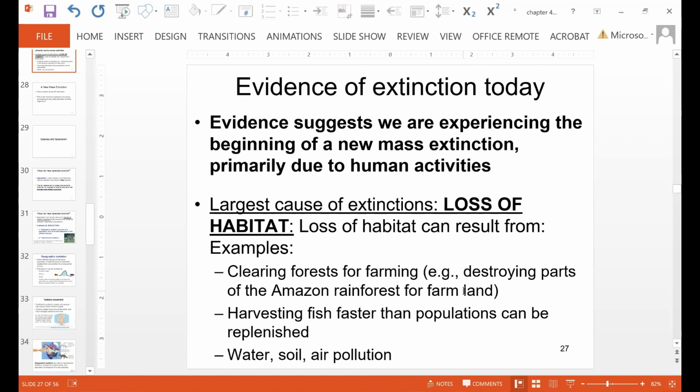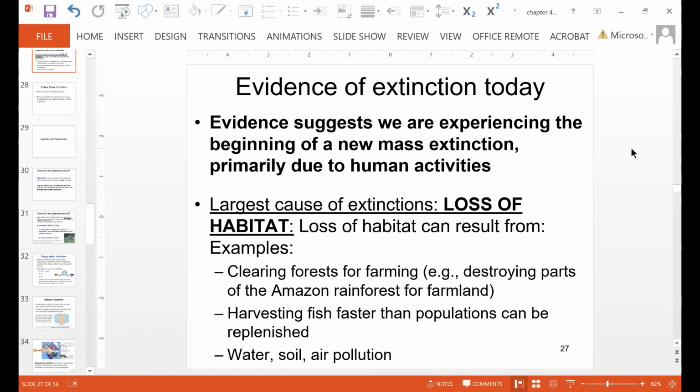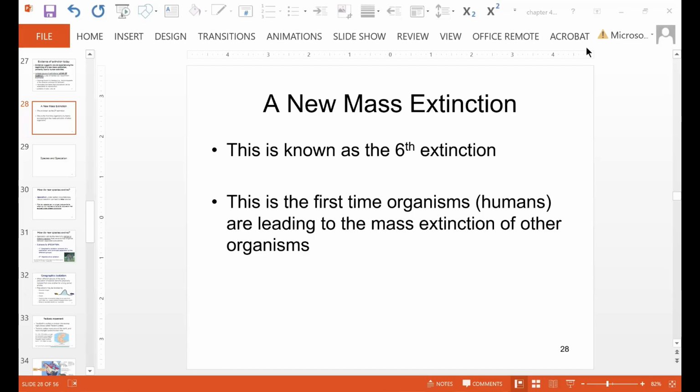Other causes are harvesting fish faster than populations can be replenished by reproduction, and pollution of water, soil, and air. So this new mass extinction, the 6th extinction, is the first time that organisms are leading to the mass extinction of other organisms.